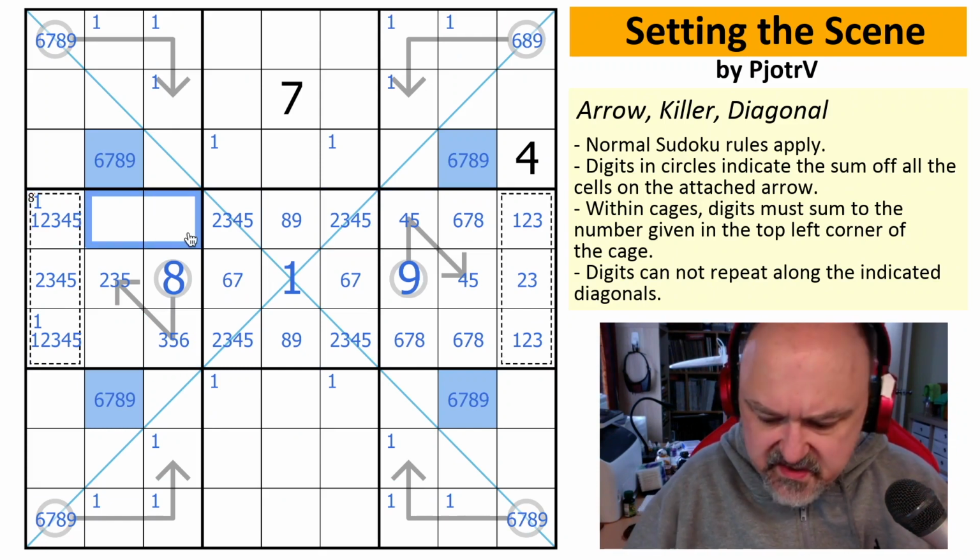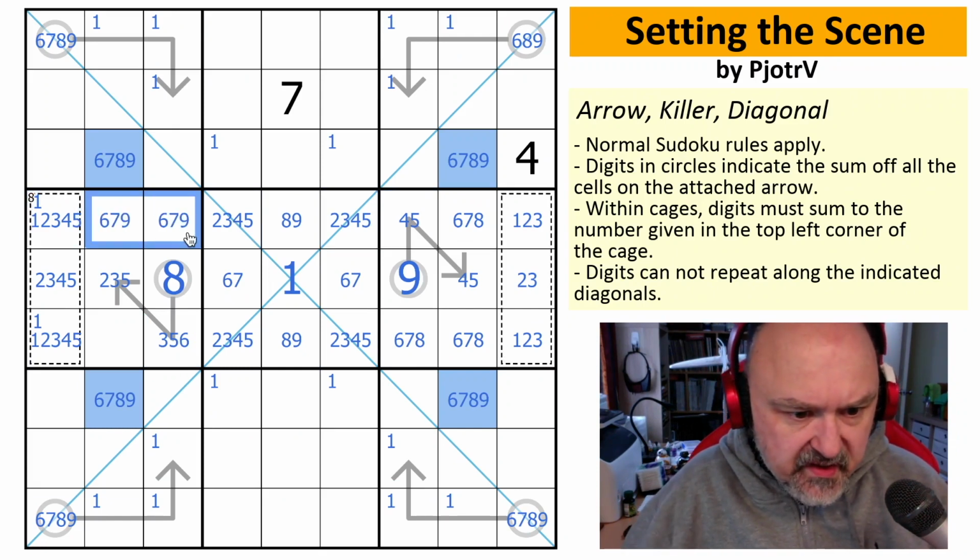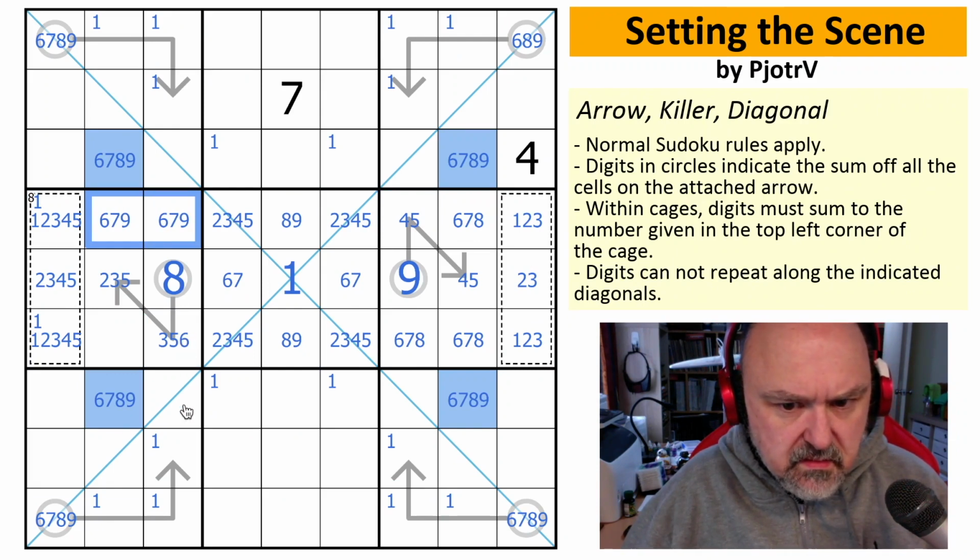So this is 6, 7, 8, and 9 without being an 8. I'm missing something obvious here.